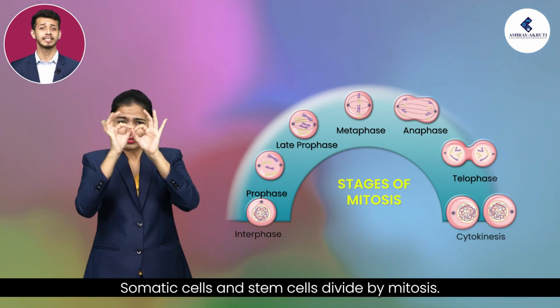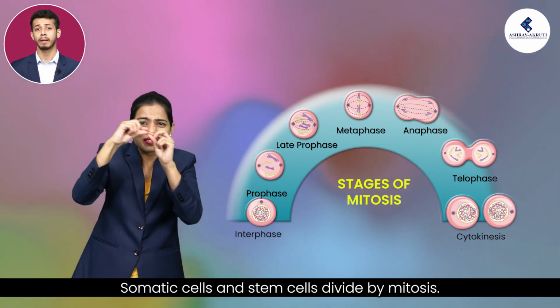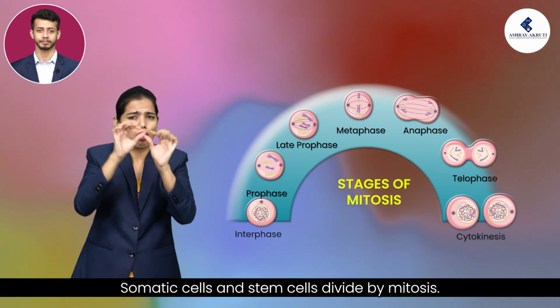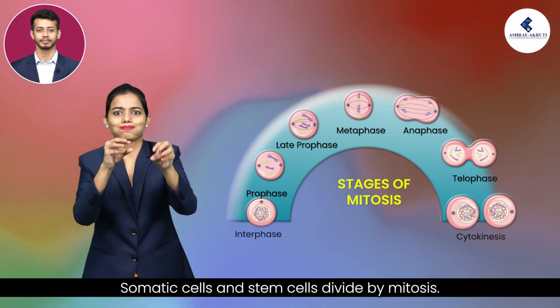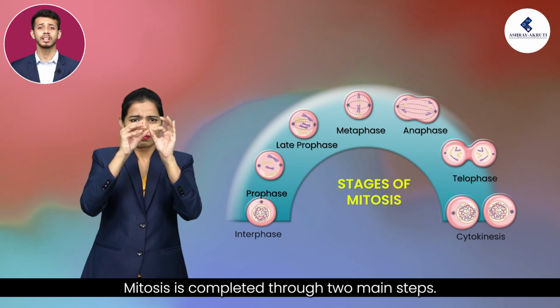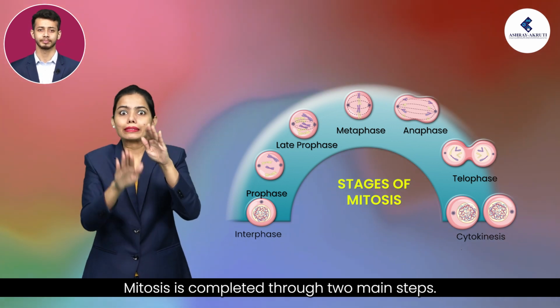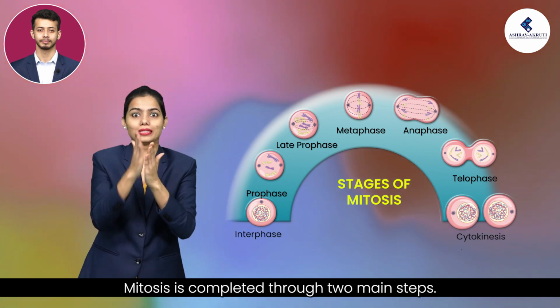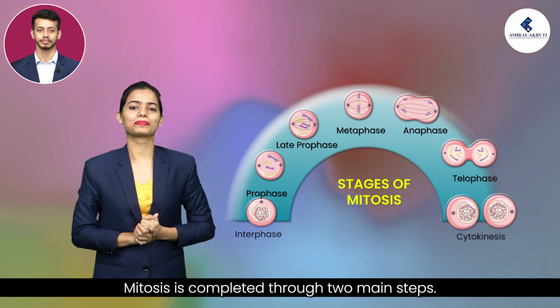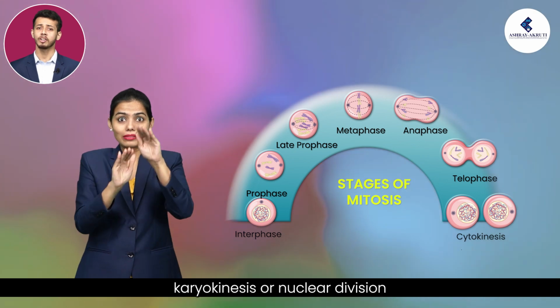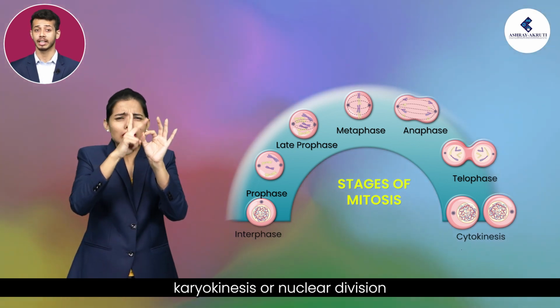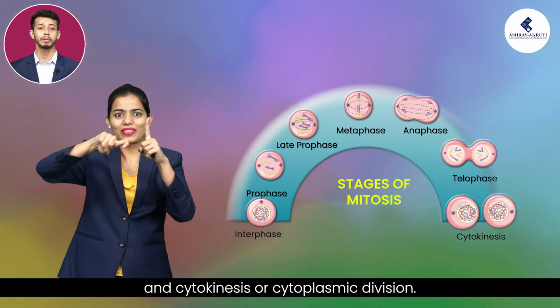Somatic cells and stem cells divide by mitosis. Mitosis is completed through two main steps. Those two steps are karyokinesis, or nuclear division, and cytokinesis, or cytoplasmic division.